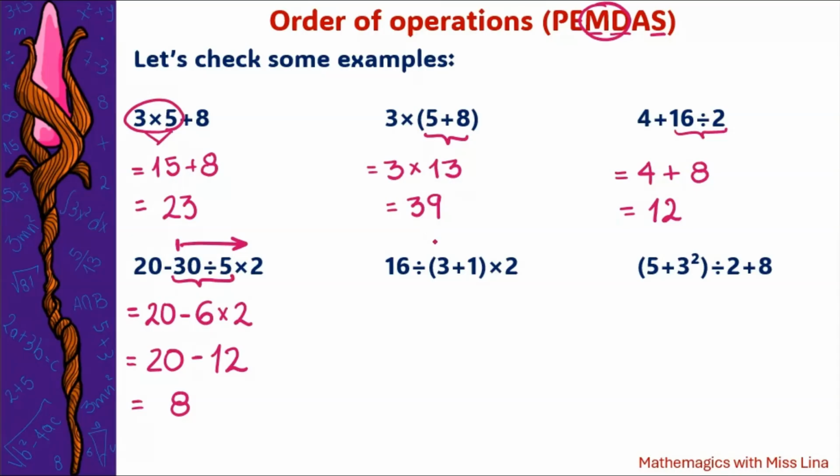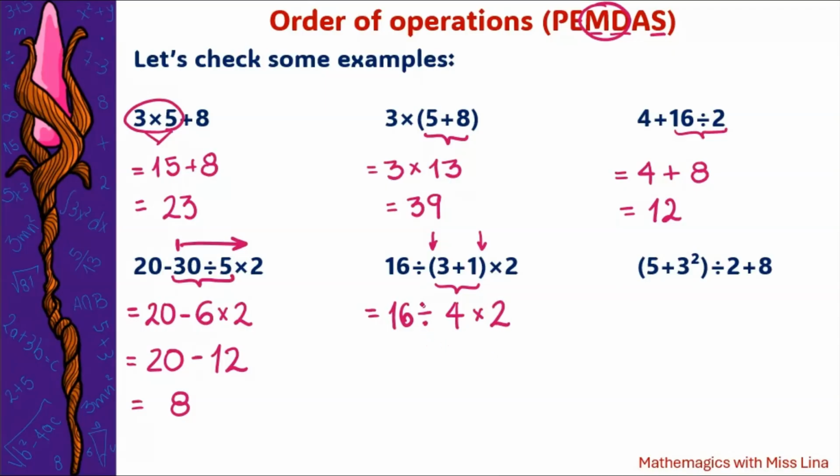Next one, we have a parenthesis, so we need to do it first. Again, the 16, I'm not going to use it yet, so I just leave it the same, and I replace the parenthesis by its result, 3 plus 1, which is just 4. And this, I didn't do anything with yet, so times 2.